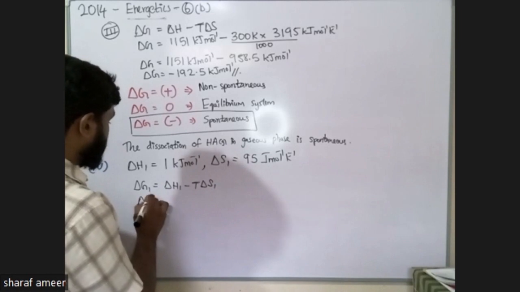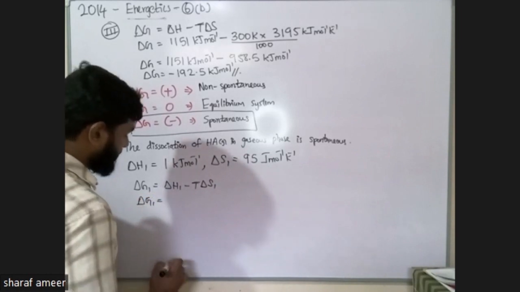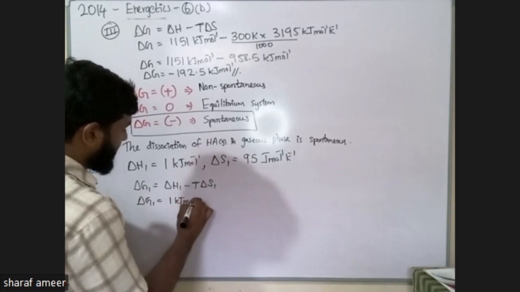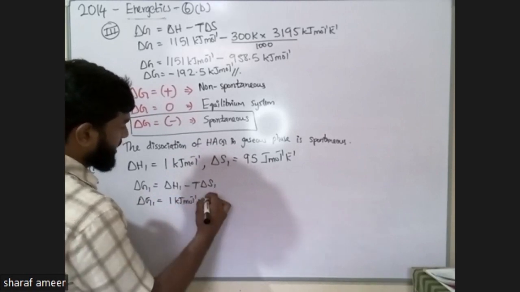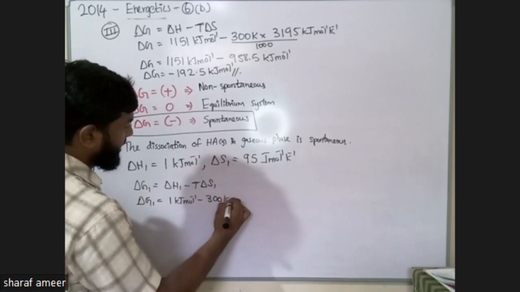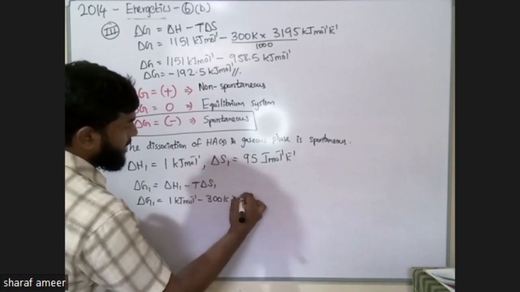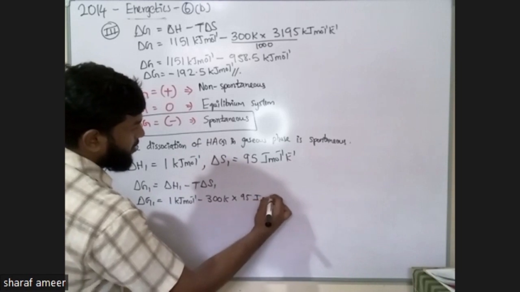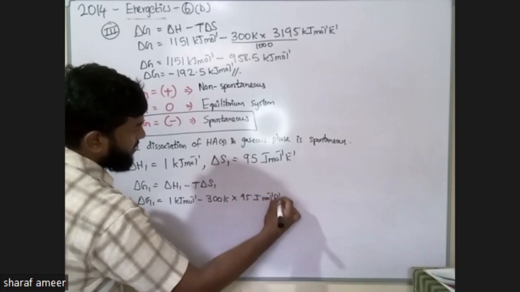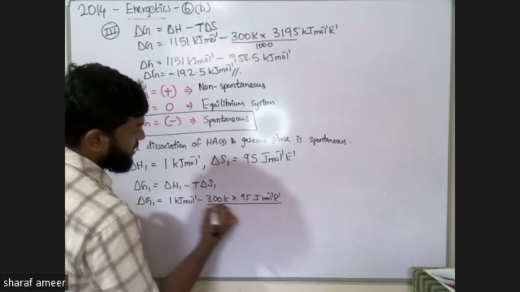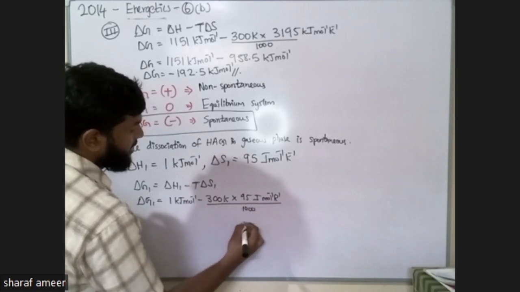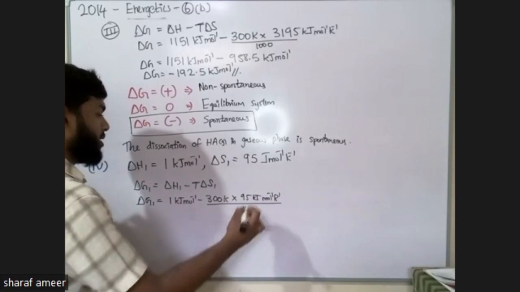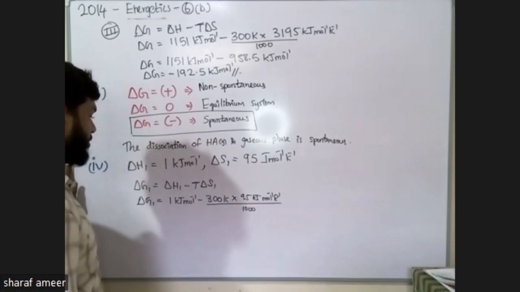So delta G1 is equal to 1 kilojoule mole minus 1 minus temperature is 300 Kelvin into 95 joules per mole per Kelvin. So if you divide this whole thing by 1000, it becomes kilojoule. Understood?